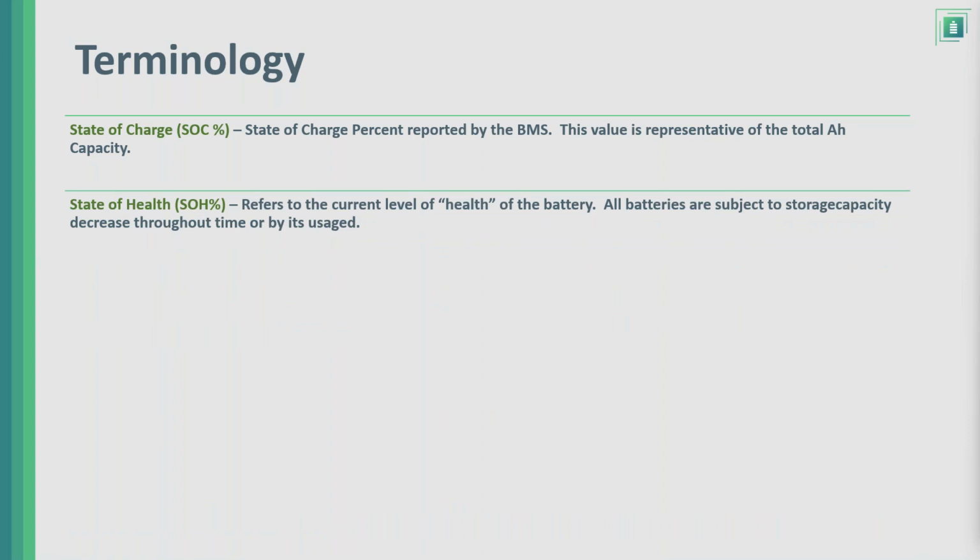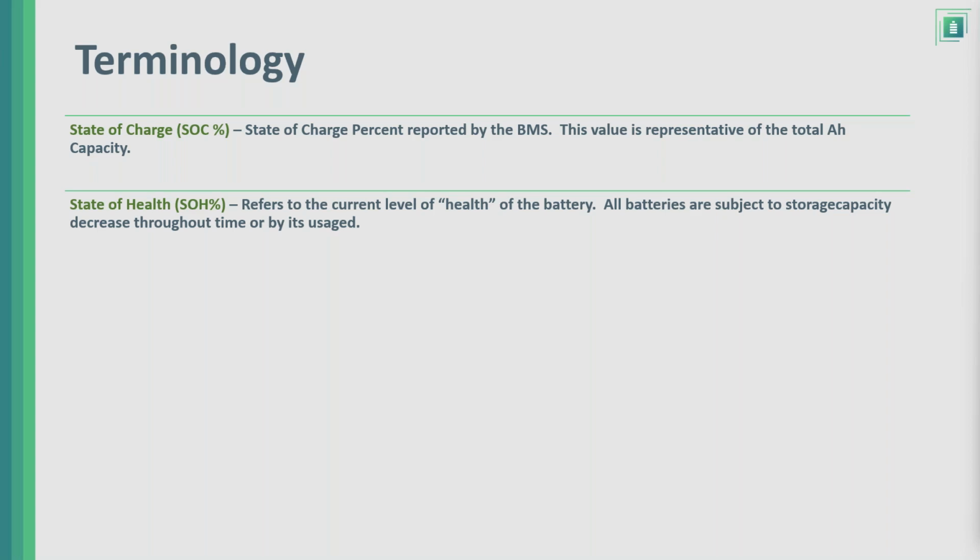As we have batteries, lithium batteries and all kinds of batteries, as we start using them they will degrade. They will start losing health over time, whether you use them or not.